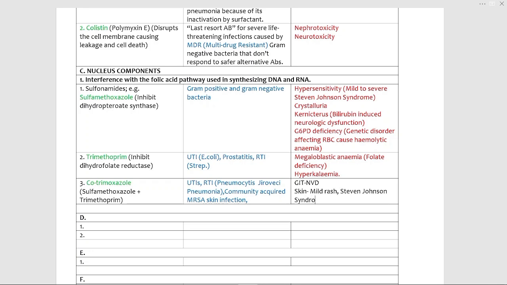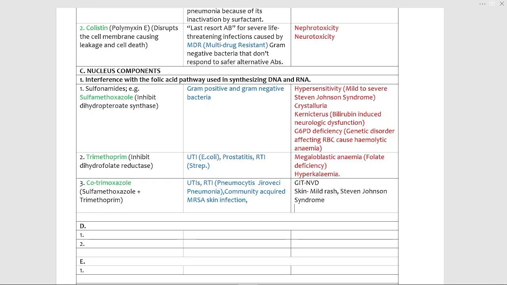When it comes to hematology, it may cause megaloblastic anemia. This is very common with trimethoprim.